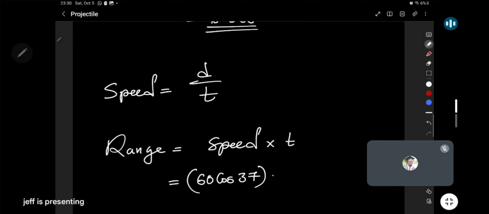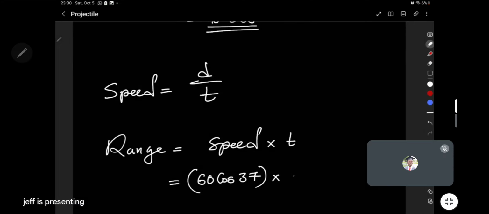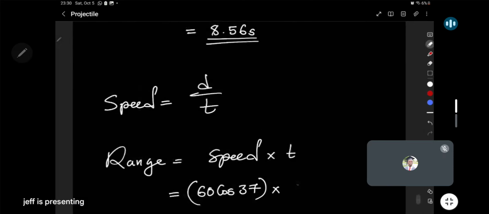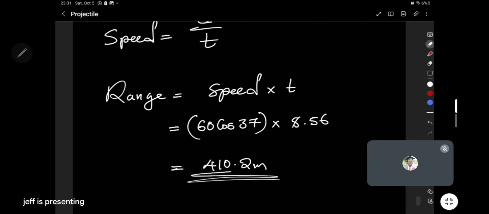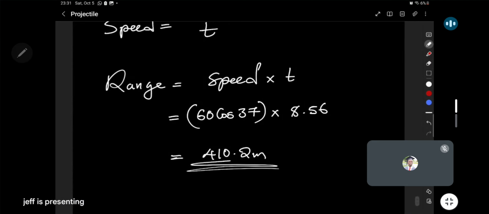So this is the first time we're using the x component. And then the time is the total time of flight, which is 8.56. So what will be the answer here? Okay, 410.2 meters. So this is our range.